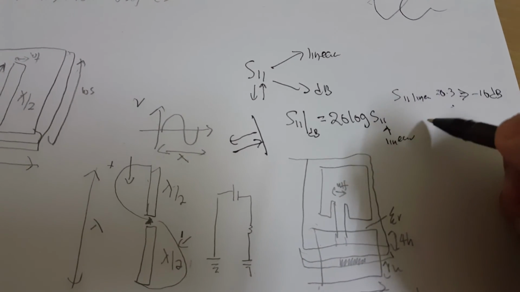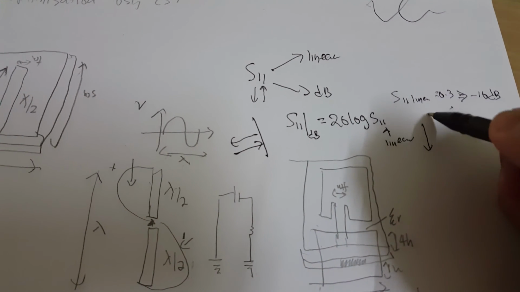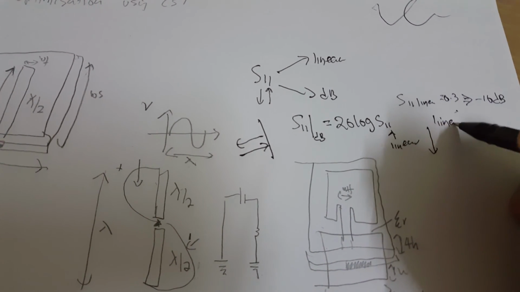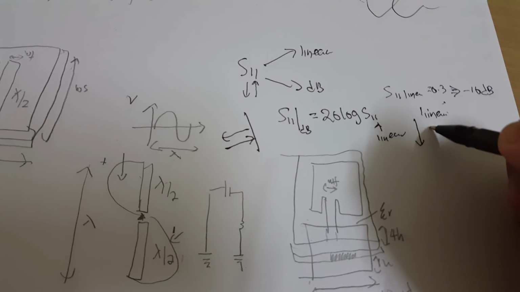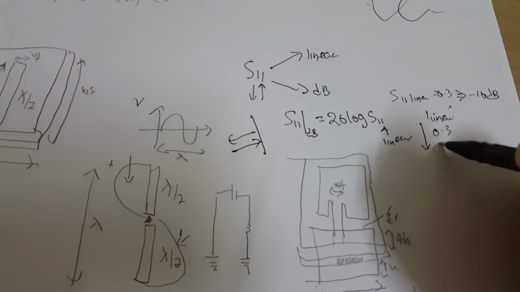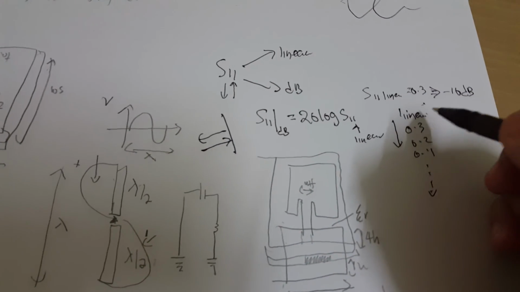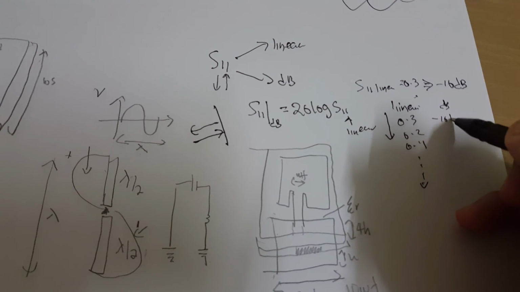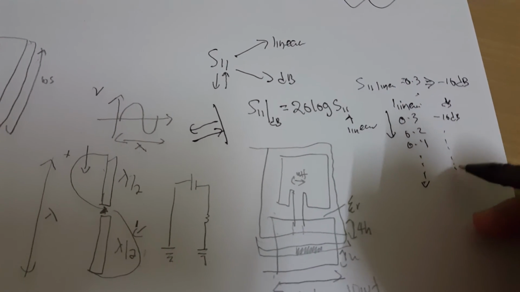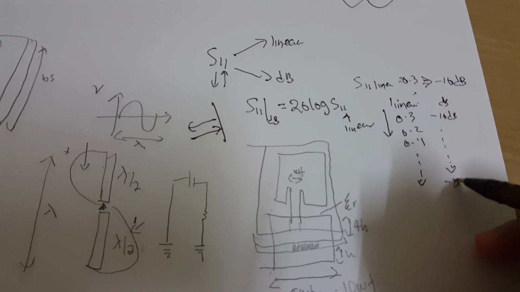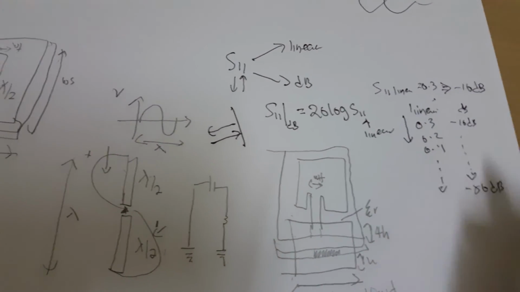If the linear number decreases to 0.3, 0.2 and below, then in terms of dB, you can have negative 10 dB or even smaller, like negative 50 dB.